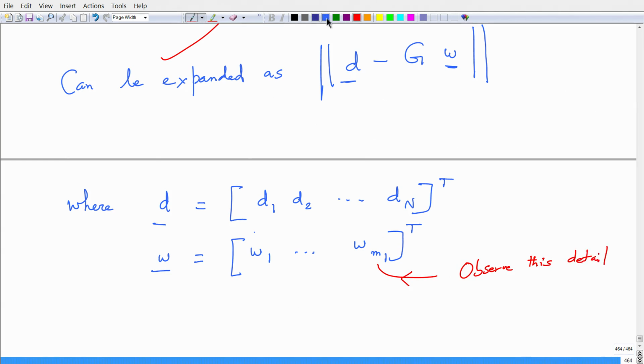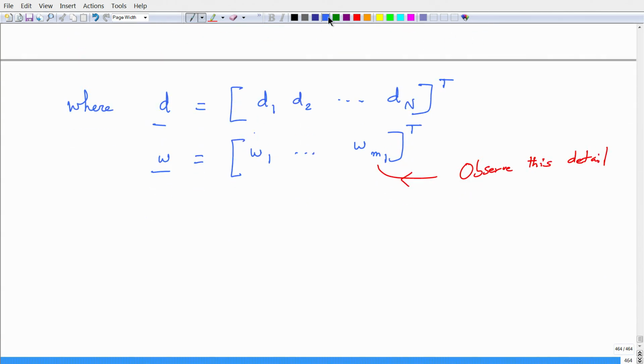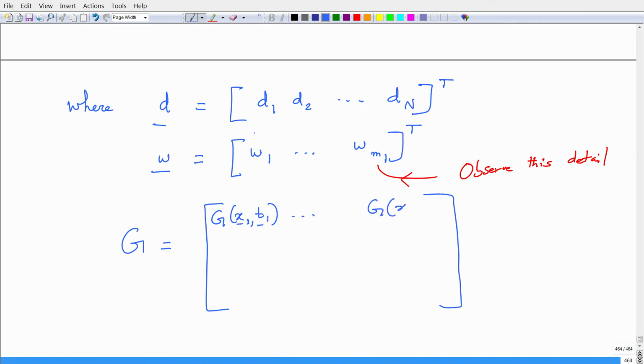Just observe this detail here. Because it is over m1 units and not the original n units, and my matrix G is this Gram matrix, which is G(x1, t1) dot dot till G(x1, tm1).